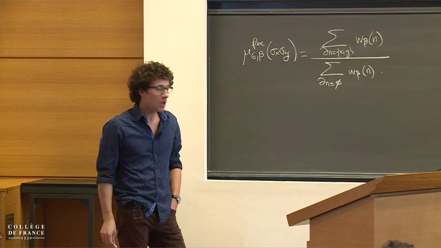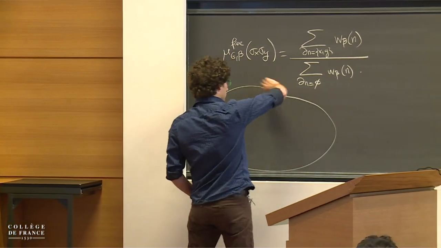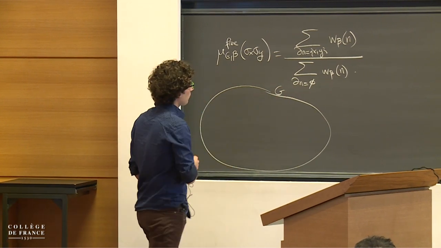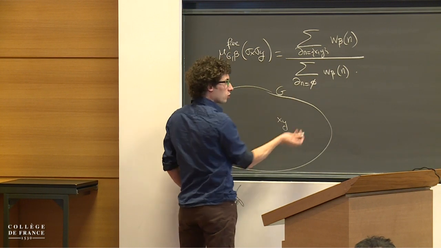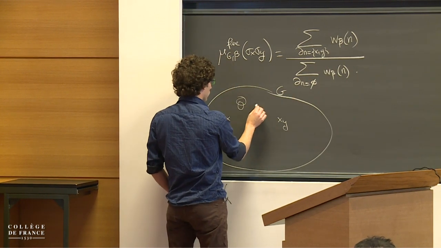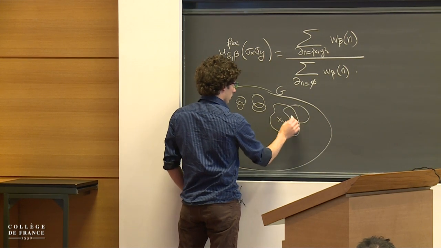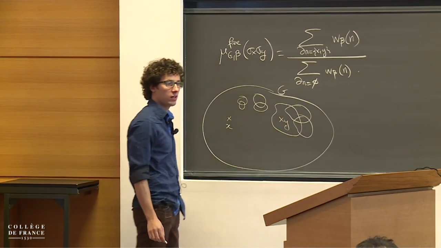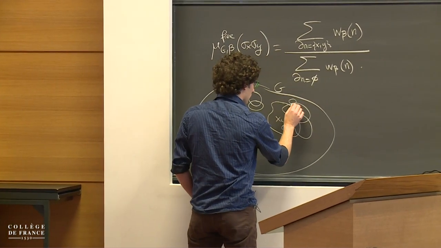Okay? So if you do a picture here, what is happening? Imagine you have your graph G. You have x and y. So what is a current a priori? It's a superposition of loops. Okay? Maybe they intersect and so on. But you can see it as a superposition of loops. Sometimes you will use several times the same edge.